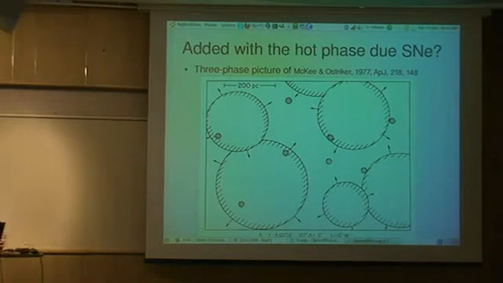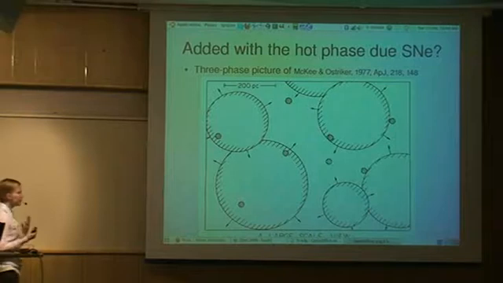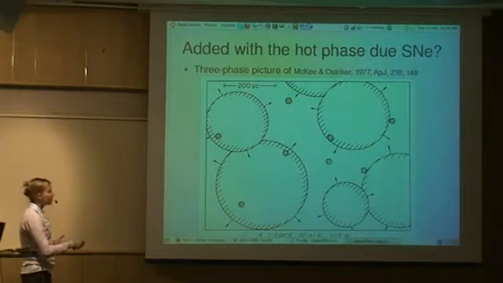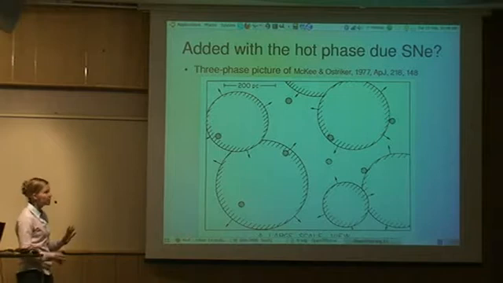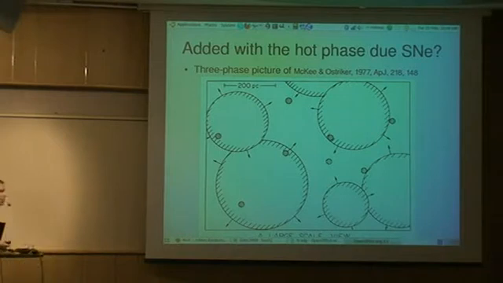So the supernovae were thought to produce an ISM filled with hot gas, so that the hot gas filling factor is close to 60 or 70%. Nowadays we know that it's much less because of the clumping of the supernovae. They do not occur randomly, but are tightly correlated with the star formation sites.